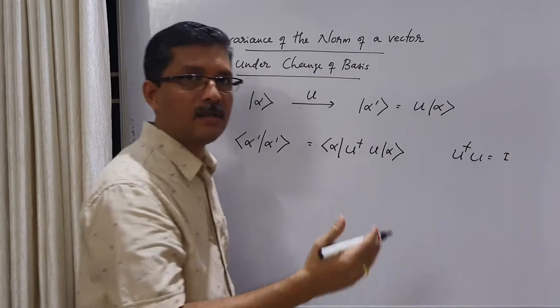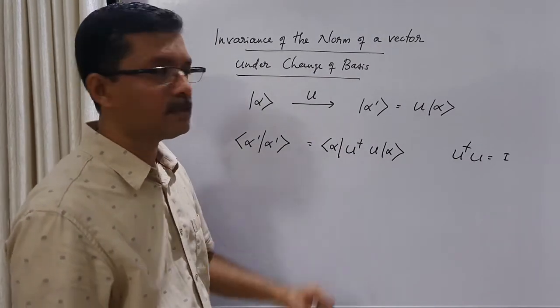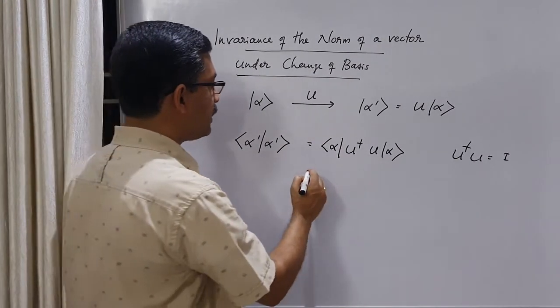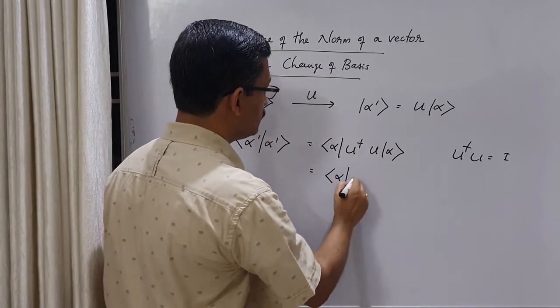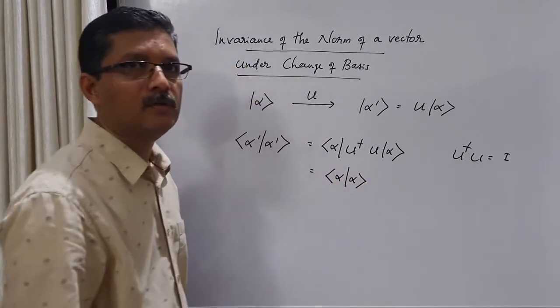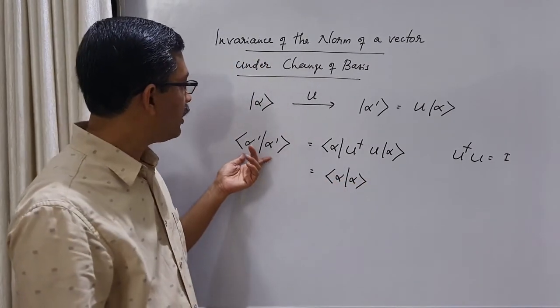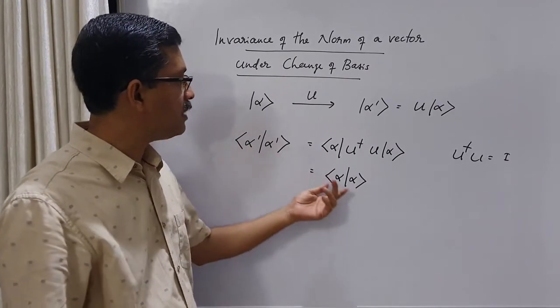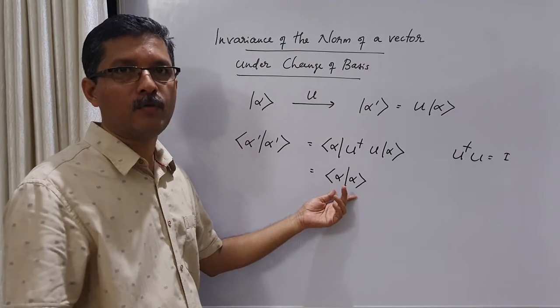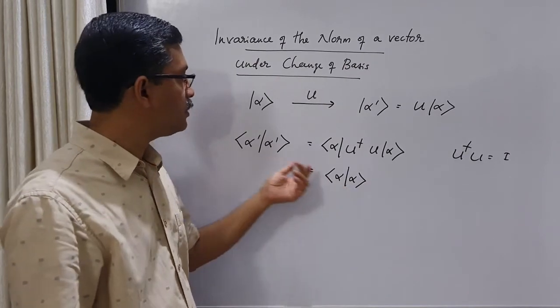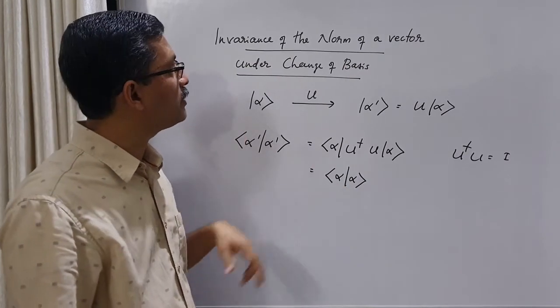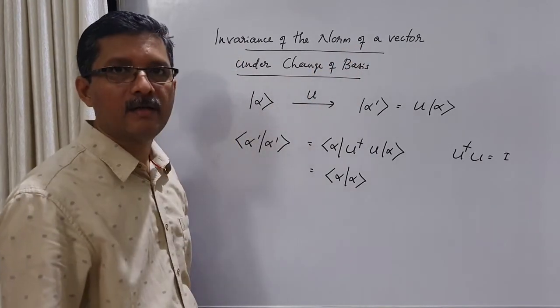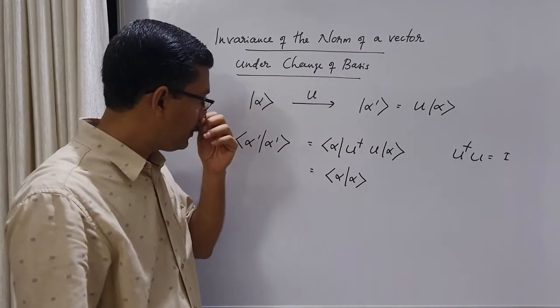Change of basis is a unitary transformation, and this operator is a unitary operator. If this is identity, what you see is that the square of the norm of the new vector is the same as the square of the norm of the old vector. In other words, the norm is invariant. Norm of a vector is invariant under change of basis.